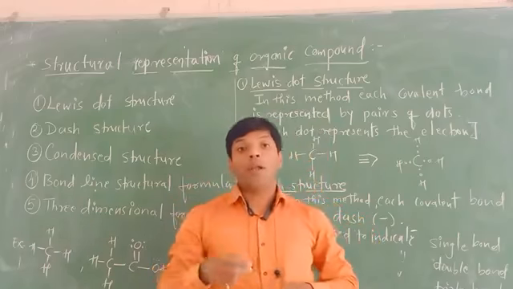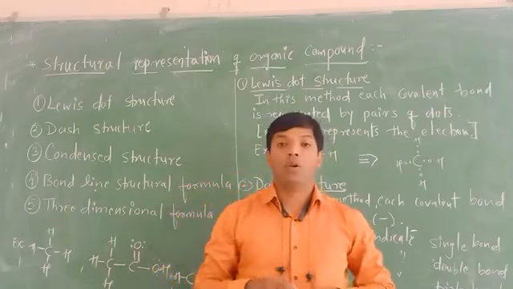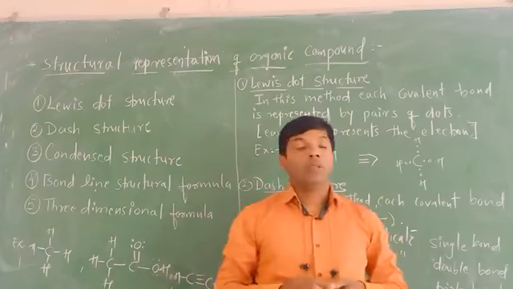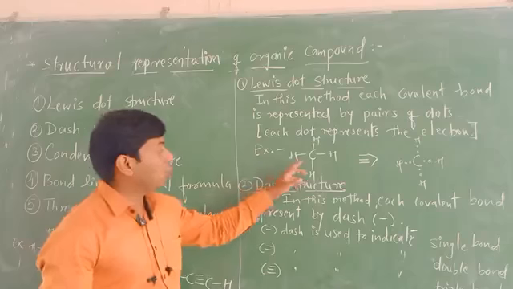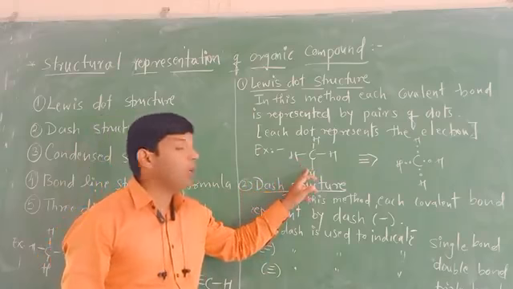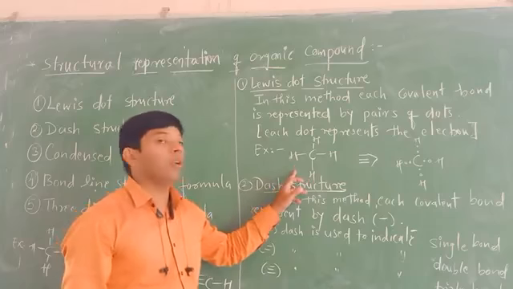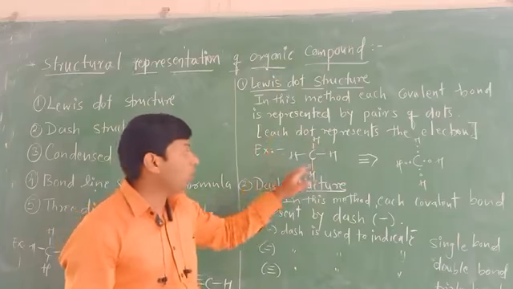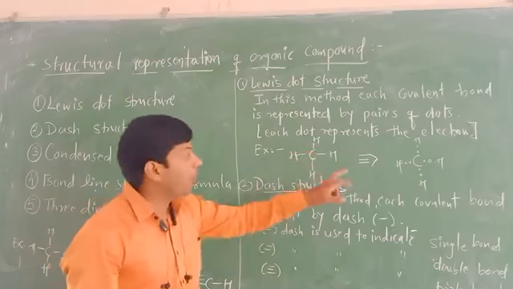Two dashes or two bonds indicate two pairs of dots, that is two pairs of electrons, and three dashes indicate three pairs of electrons. Likewise, let us discuss an example. Example one is methane, CH4. This is also called dash structural formula or complete structural formula, where the central atom is carbon, and around the carbon atom four hydrogens are bonded by covalent bonds.